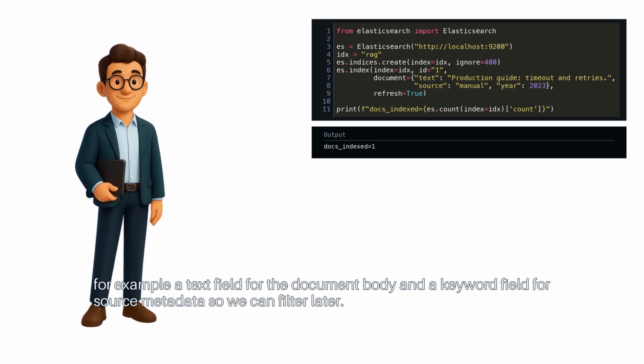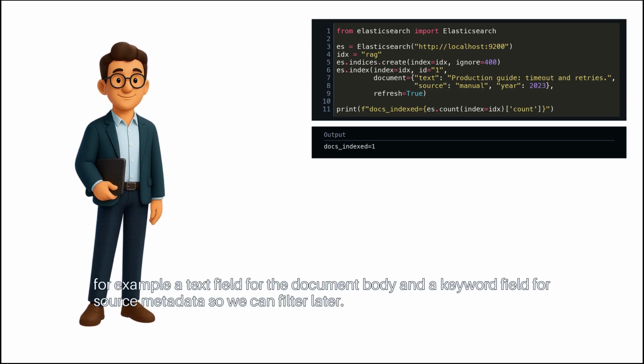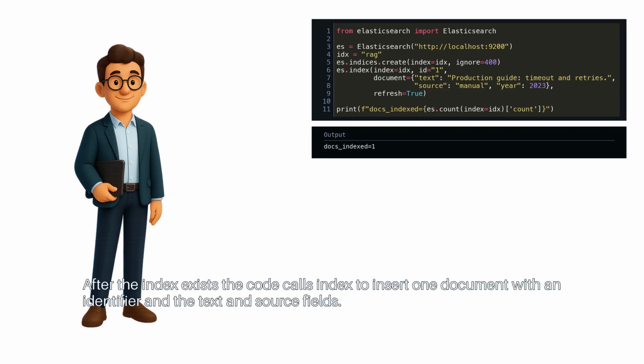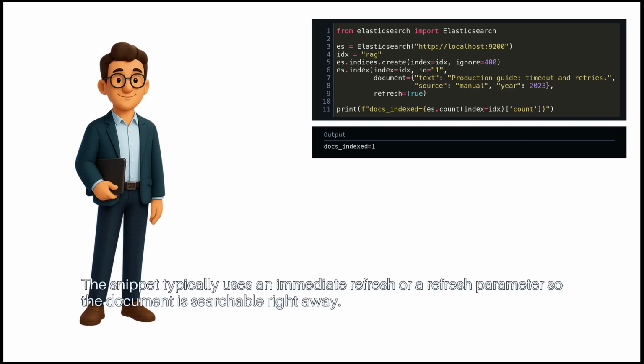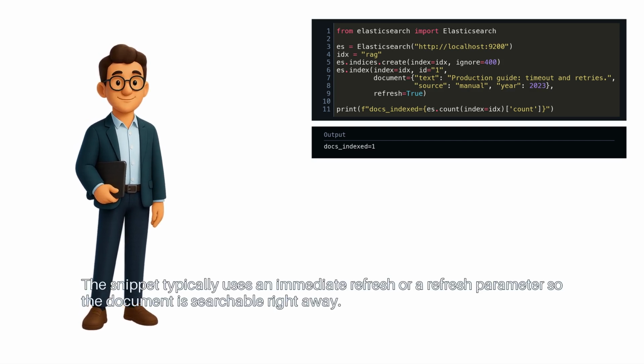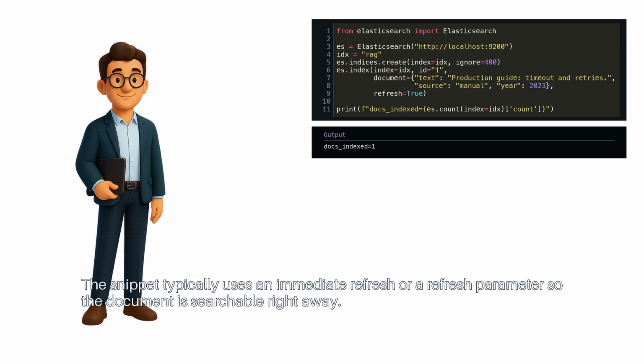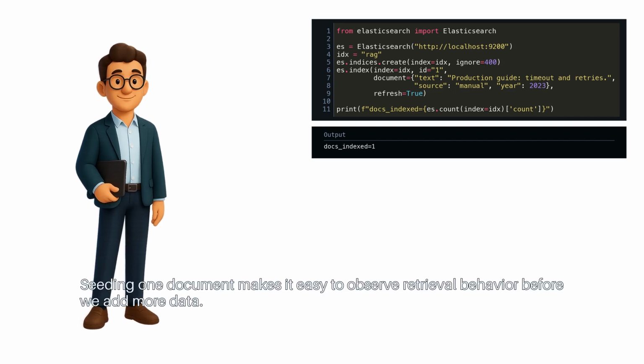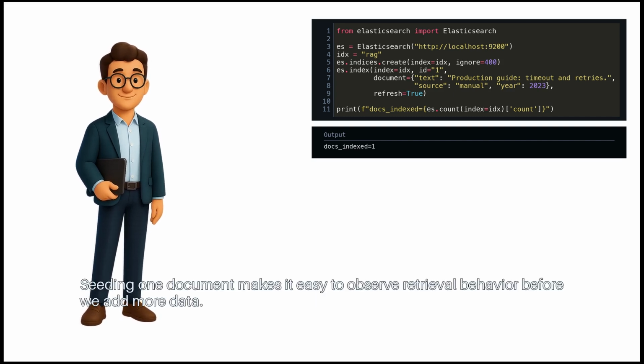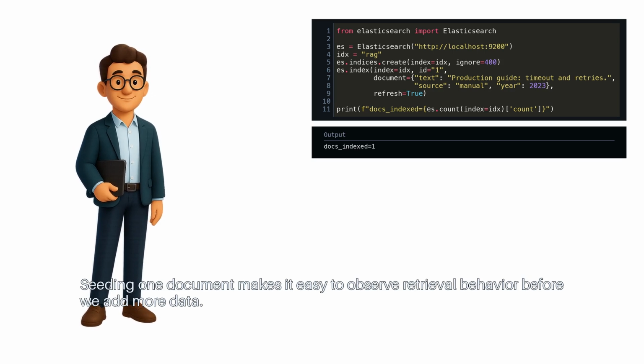For example, a text field for the document body and a keyword field for source metadata so we can filter later. After the index exists, the code calls index to insert one document with an identifier and the text and source fields. The snippet typically uses an immediate refresh or a refresh parameter so the document is searchable right away. Seeding one document makes it easy to observe retrieval behavior before we add more data.